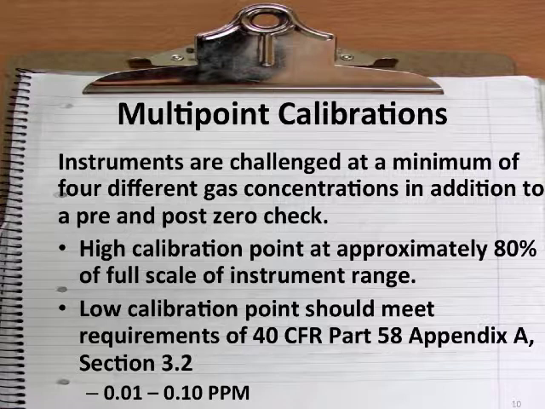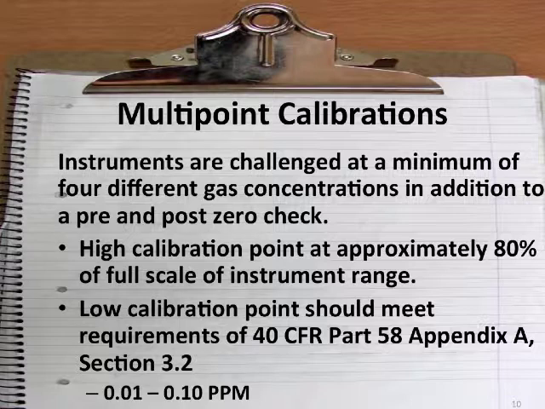So as for multi-point calibrations, our instruments are challenged at a minimum of 4 points, including a pre and post zero check. So we're talking about like 6 calibration points for gaseous calibrations. Our high points are typically around 80% of full range of the instrument.